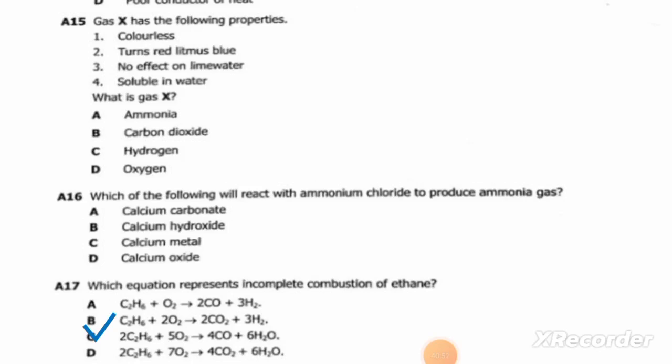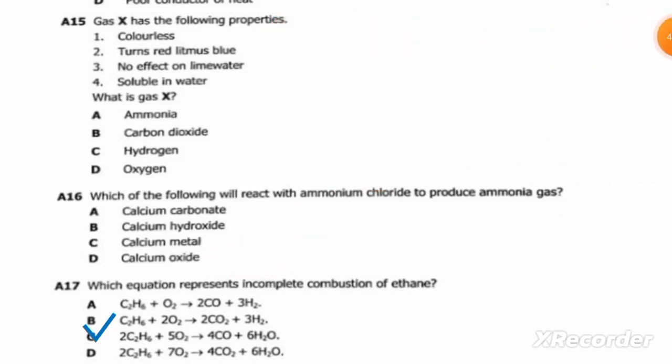The combustion reaction leads to production of carbon monoxide and water. So that's why we have chosen C. The reason why we have chosen C is because we can see water here. Okay. Therefore our correct answer is C.